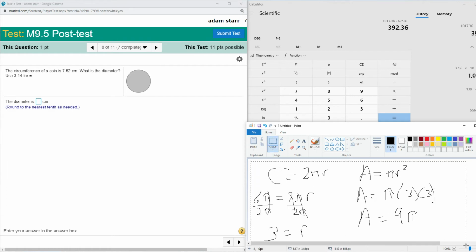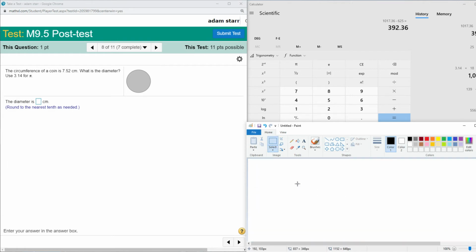Okay, this question, we have a coin and the circumference is 7.52 centimeters. What is the diameter? And this time we're going to use 3.14 for pi. For this one, we're talking about the circumference of the circle, which is 2 pi r. However, it's asking for the diameter.